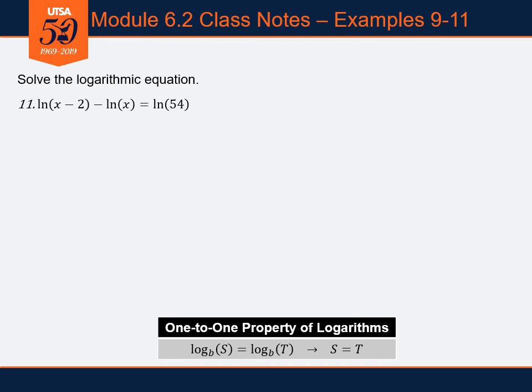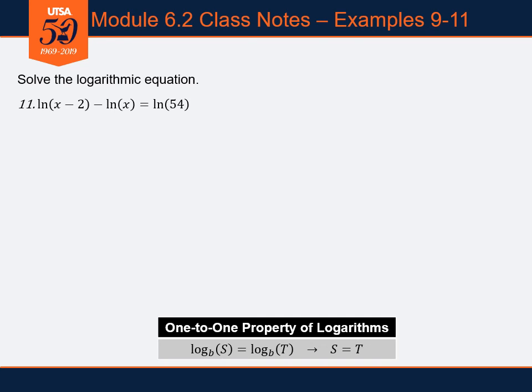Last example, example 11, we've got logarithms equal to logarithms, and it's going to be pretty much the same story here, except of course every example has a bit of a twist. There's a reason I'm asking you this one on top of the ones that we've worked previously. Here the difference is we've got not just a single logarithm equal to a single logarithm, but two logarithms on the left-hand side.